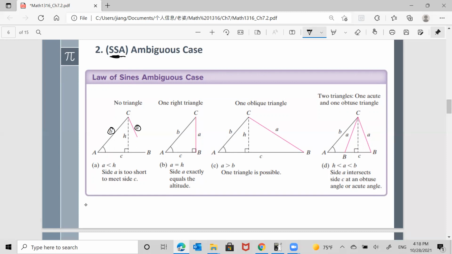So maybe if A is a very short segment, I can rotate the A because the angle here is not given, they only provide the A, so I can rotate the A and the center is C.